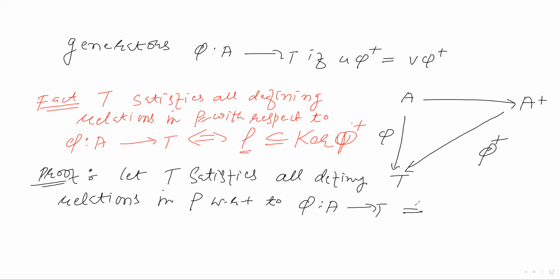So this means what? This means for all u, v in rho, u phi plus is the same as v phi plus.